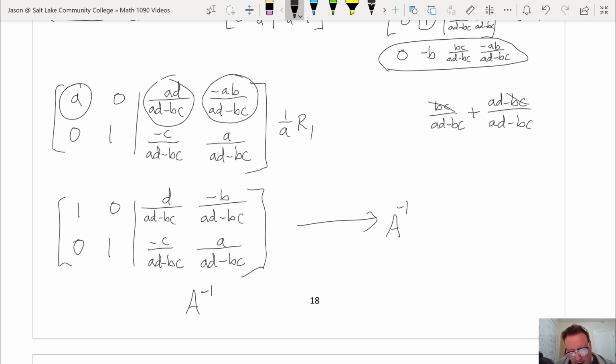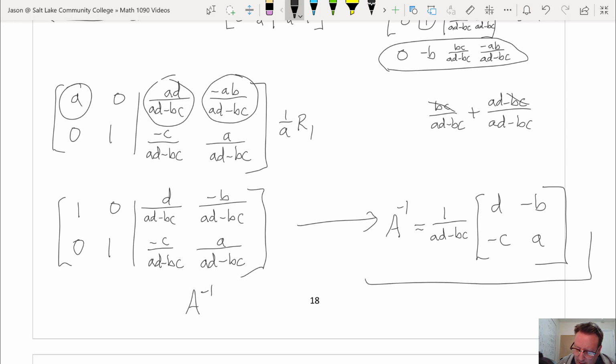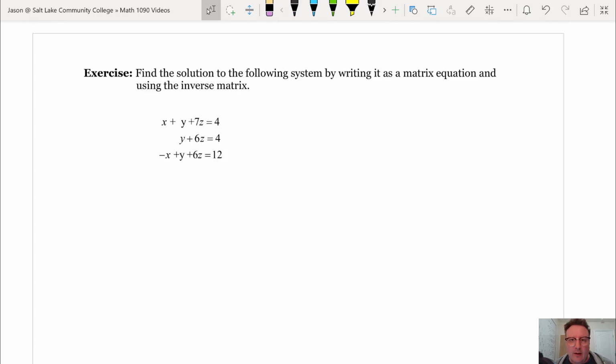In other words, we can factor out that 1 over AD minus BC factor from every single entry and rewrite this as 1 over AD minus BC times the 2 by 2 matrix D, negative B, negative C, and A. Okay, and that was exactly the formula that we saw above. And this is the end of section 2.4, part 1.